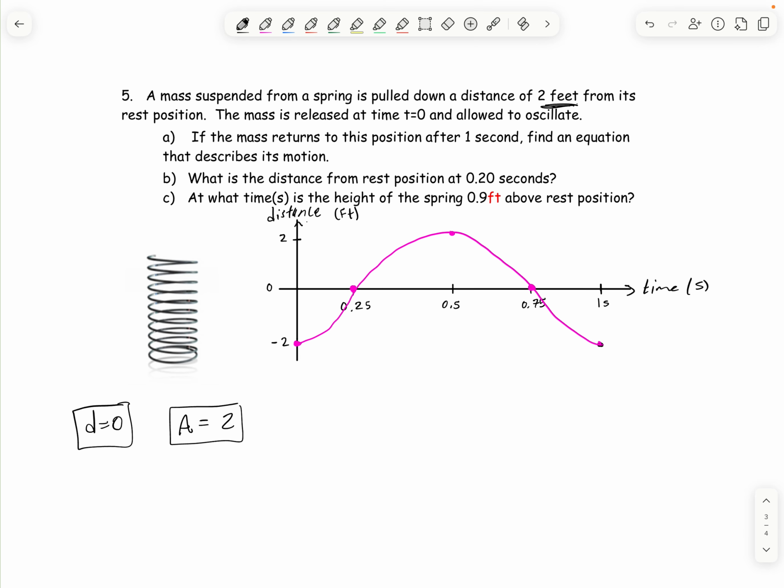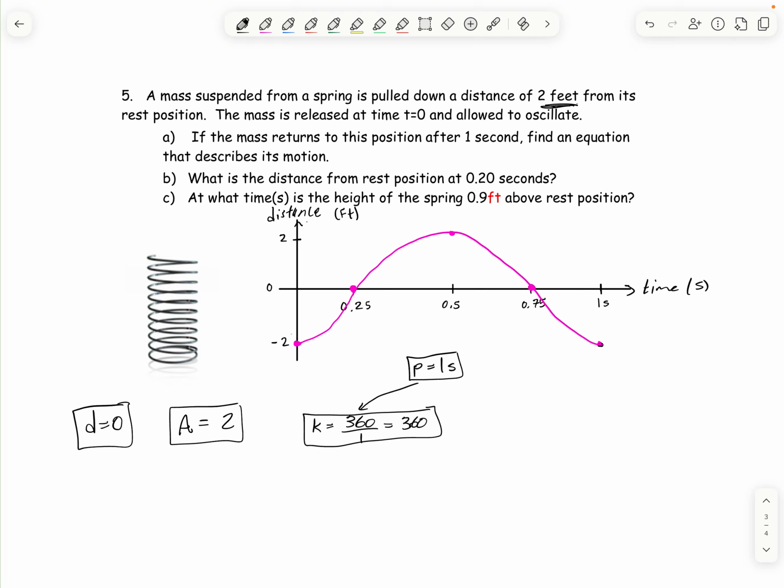What else do I have here? Oh, the period is 1 second, right? P is equal to 1s. So using this, I can find k, because k is 360 divided by P, or divided by 1 in this case. So it's just 360. Okay, so k is 360. Essentially, this graph has been compressed by 360.